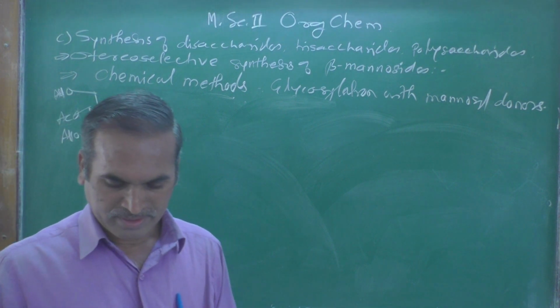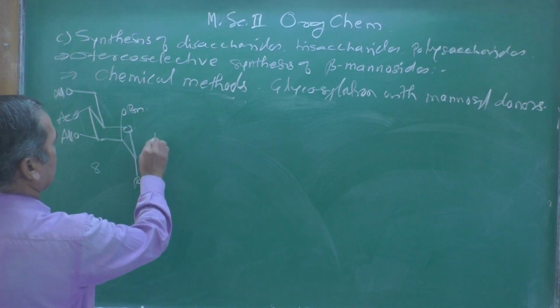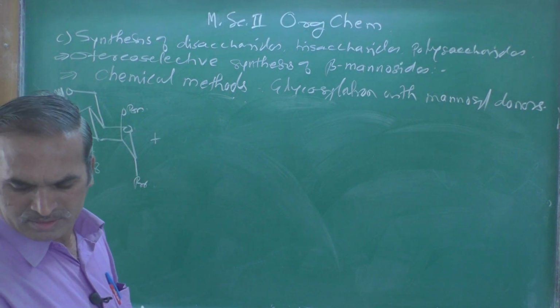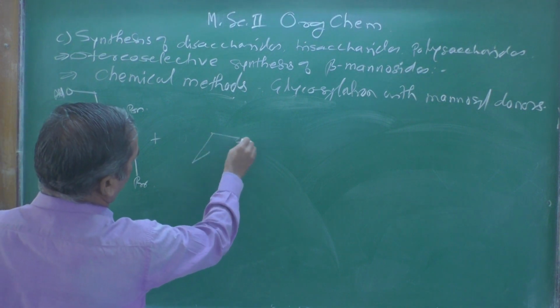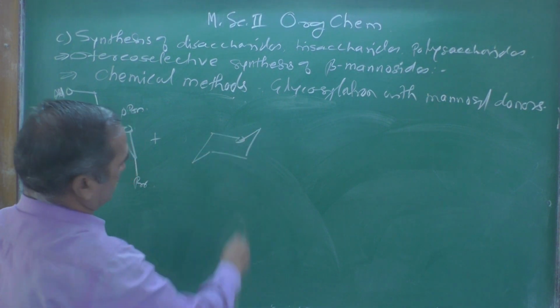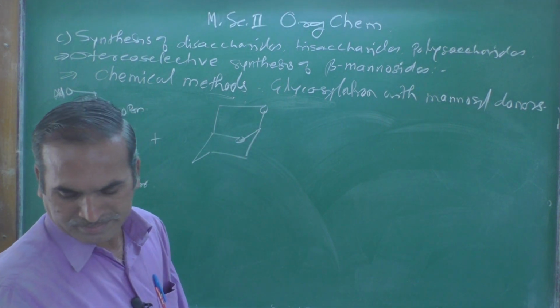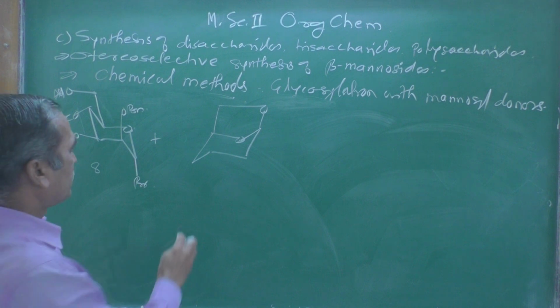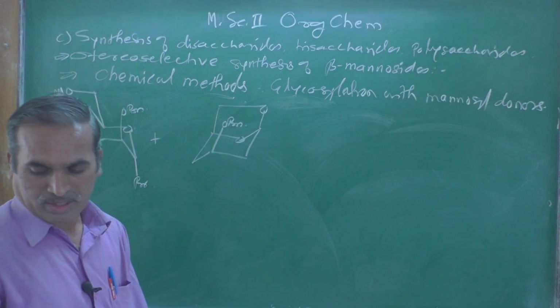Remember, now it will be treated with this structure, the structure which I am going to show over here. See here, this is a structure where the other one here is OBn, that is a protected hydroxyl group.